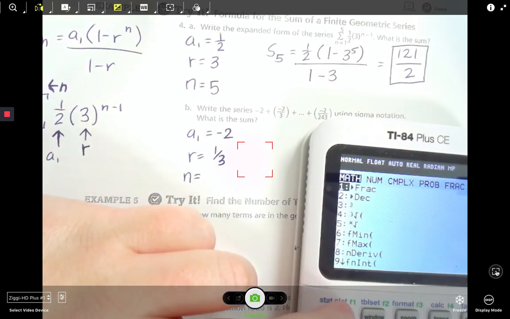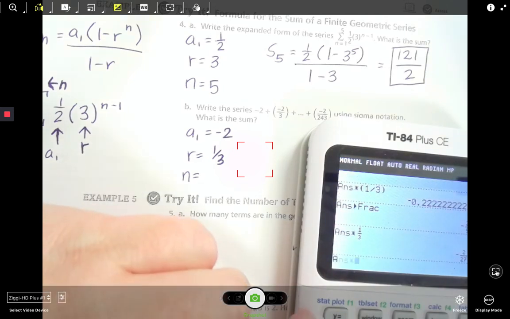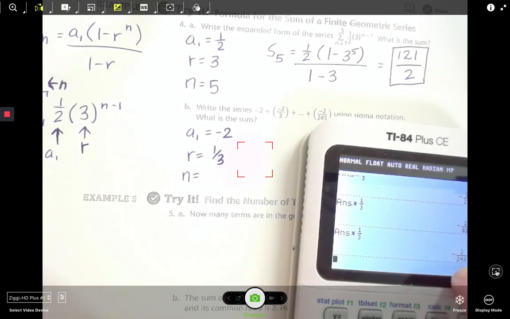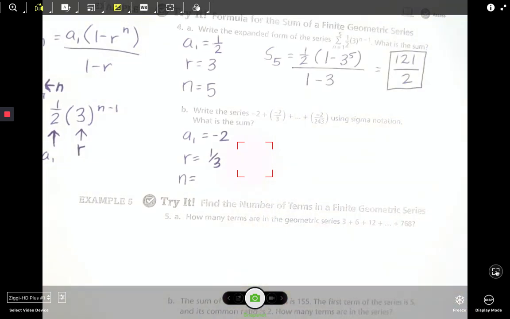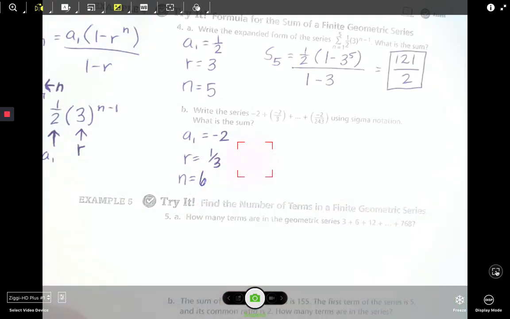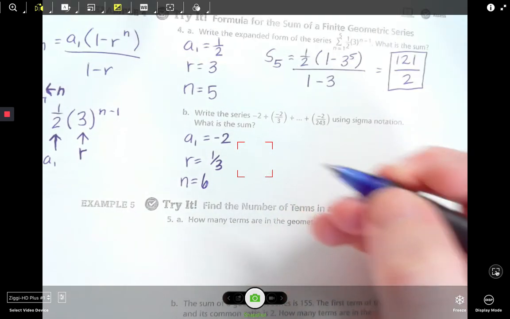Our fourth number is this. Fifth number, this. Sixth number, this. So there we are. That's what we needed, right? So n is equal to 6. I'm going to see in a bit if there's an easier way for me to find that.